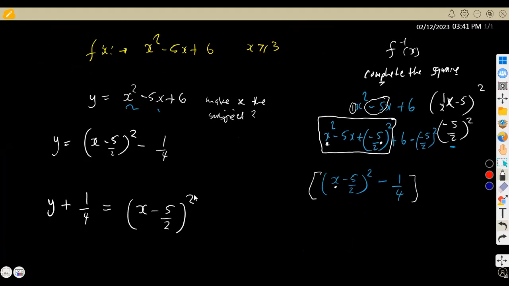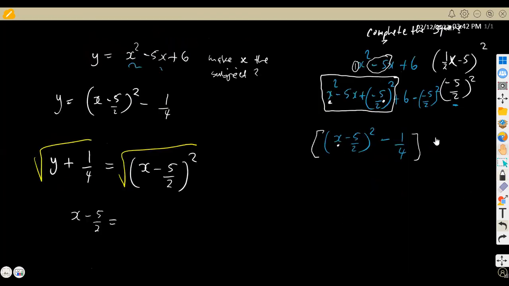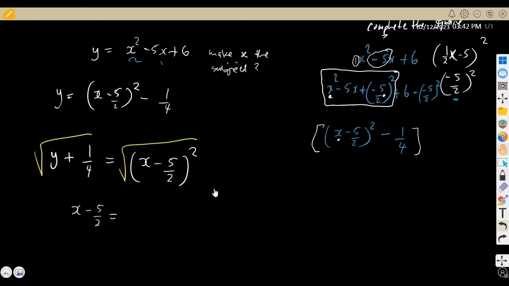So to remove the squared, remember that you're supposed to introduce the square root on both sides. Remember the square root of a number is plus or minus. So we are going to have x minus 5 over 2 is equal to plus or minus the square root of y plus 1 over 4, everything under the square root.